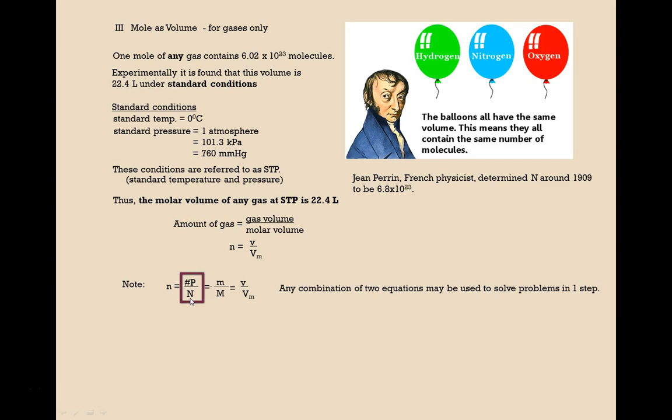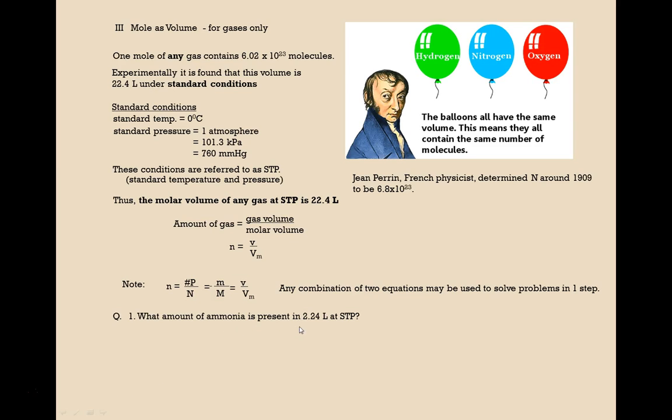Or we can take this ratio and set it equal to this ratio if we have to solve for either small volume or number of particles. And finally, we can take these two ratios and set them equal to each other and solve either for mass or for volume. I have three examples here. Let's see how they work.